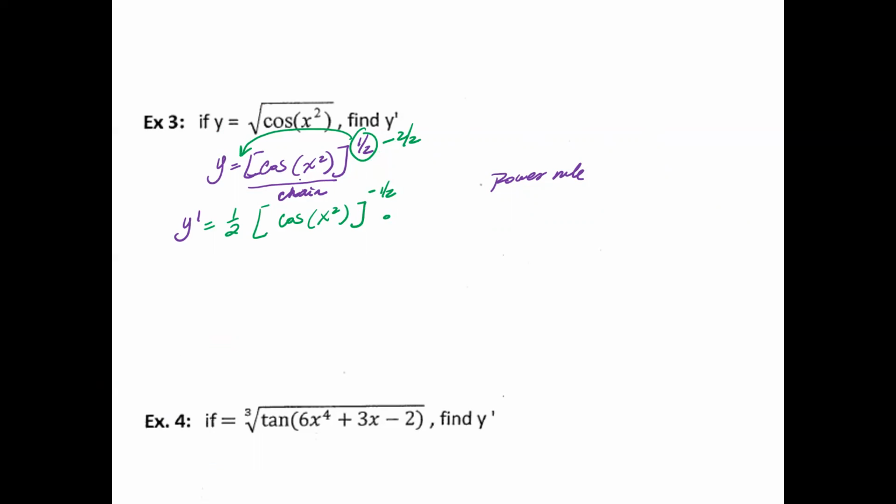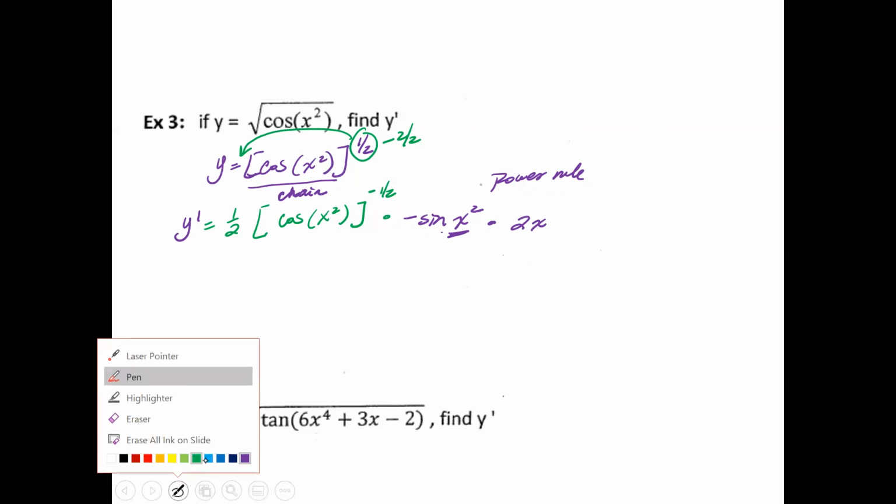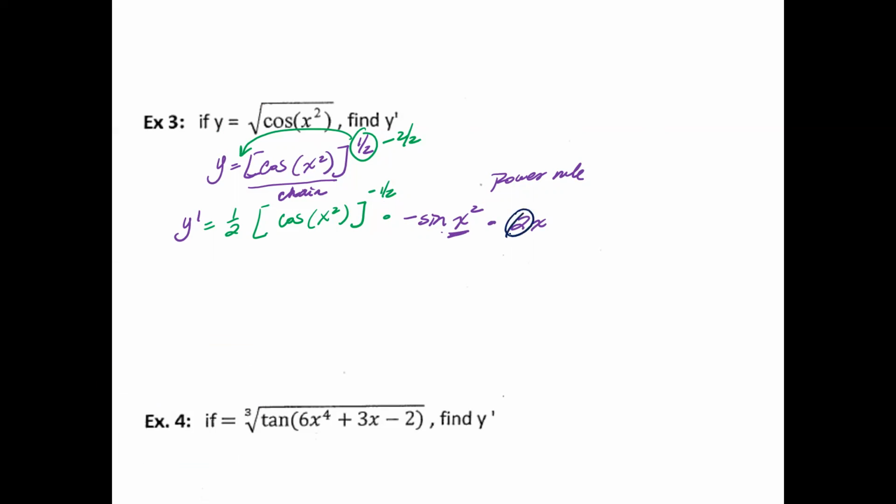So that's the derivative of cosine x squared. But this is like a chain inside of a chain because you have cosine u. So you're multiplying by the derivative of cosine x squared, which is a negative sine x squared, times the derivative of that chain, which is the derivative of x squared, which is 2x. I know, your mind is blown. So once I have this, I'm going to go ahead and cancel the 1/2 with the 2. I want to also rewrite this because this looks really ugly.